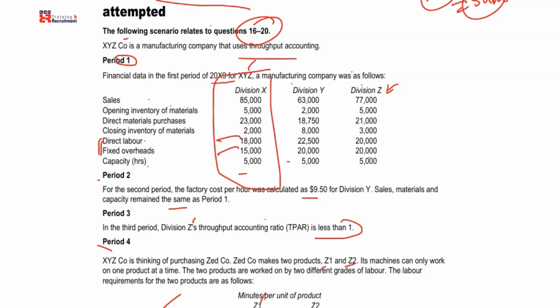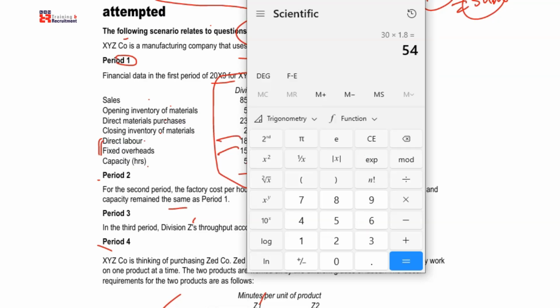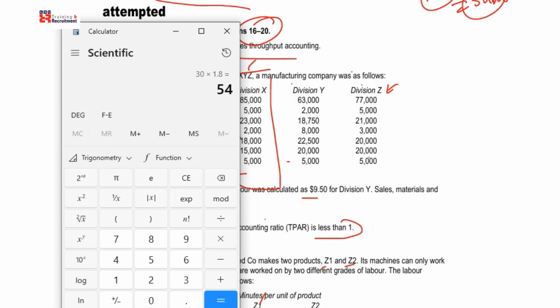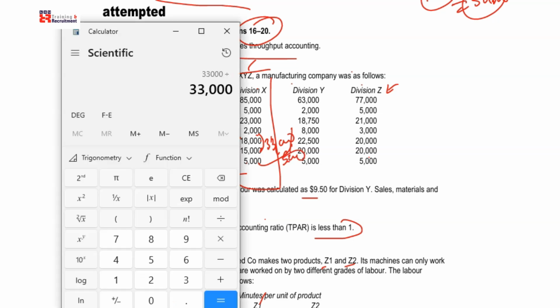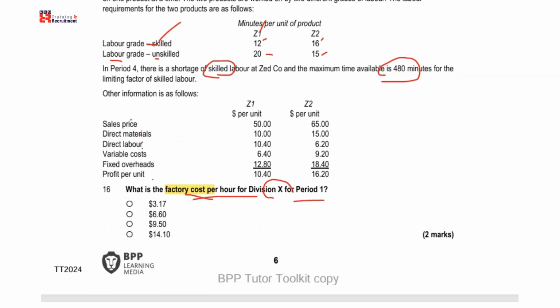Can we add these two? 18 plus 15 gives you 33,000. These two give you 33,000, and we are asked for per hour, so divided by 5,000 gives 6.6, and we do have that. That's our first one now.